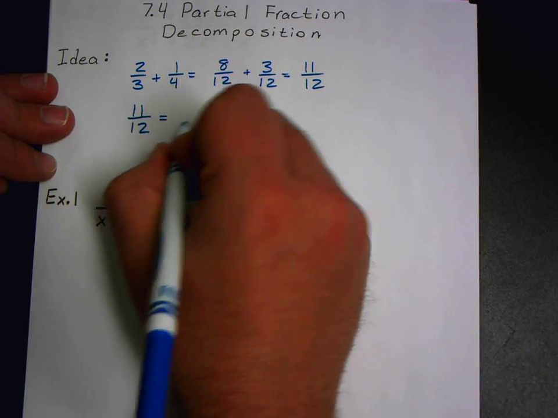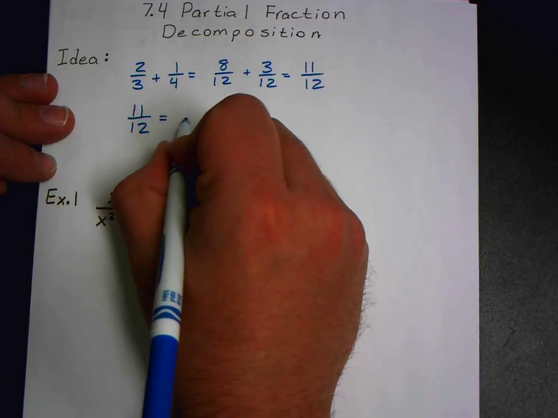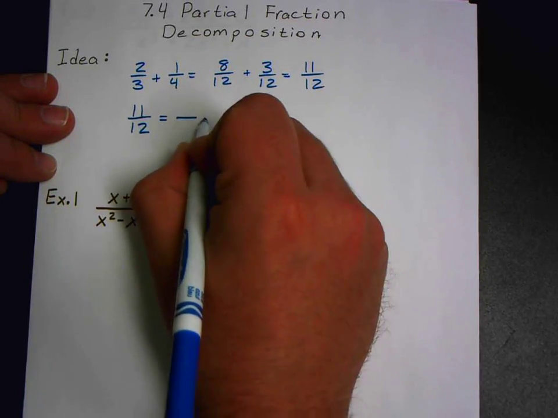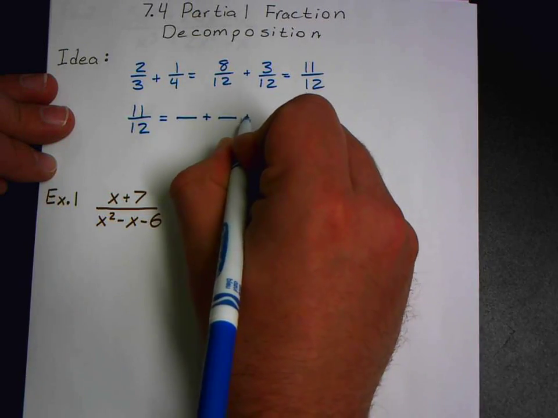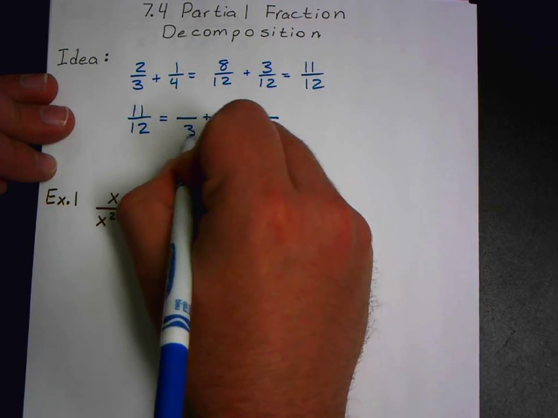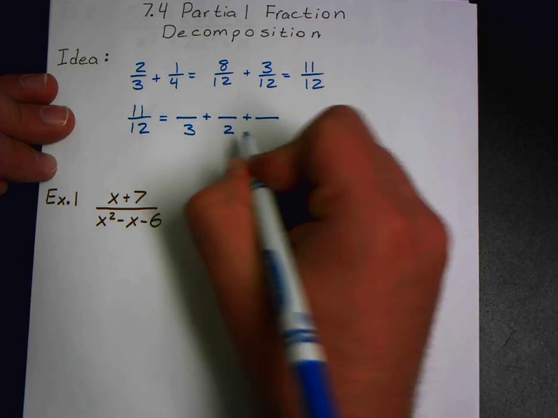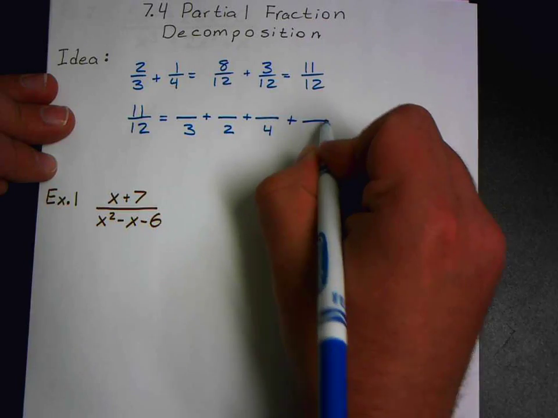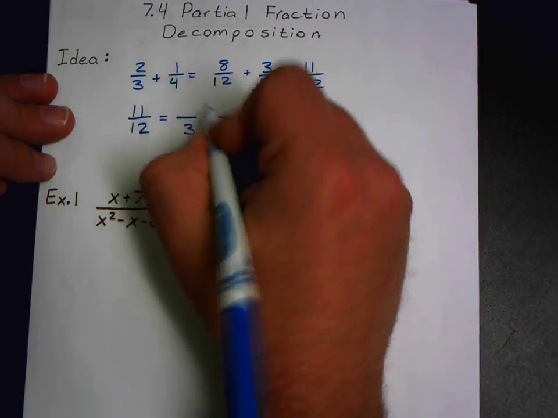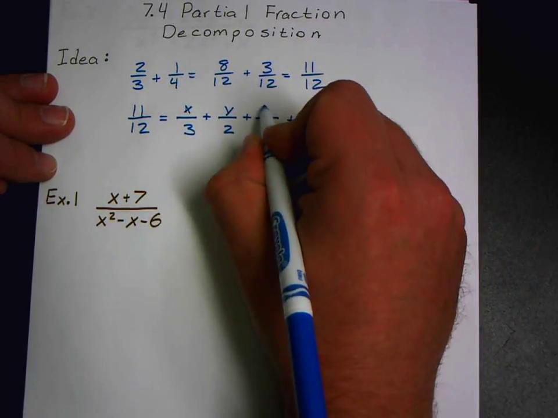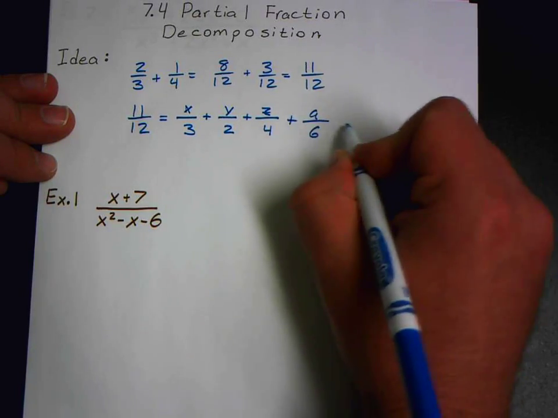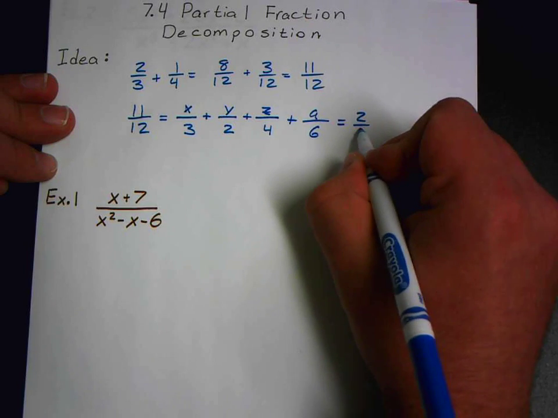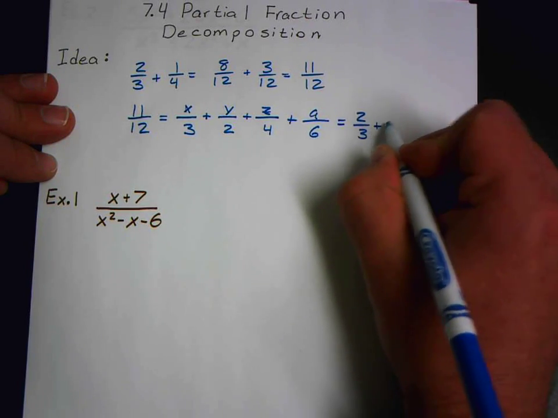So what we do is we know that 12 can be broken down into a possibility of 3, 2, 4, and 6, and we put variables on top of those, and we do a whole bunch of math to figure out that it was 2/3 and 1/4.